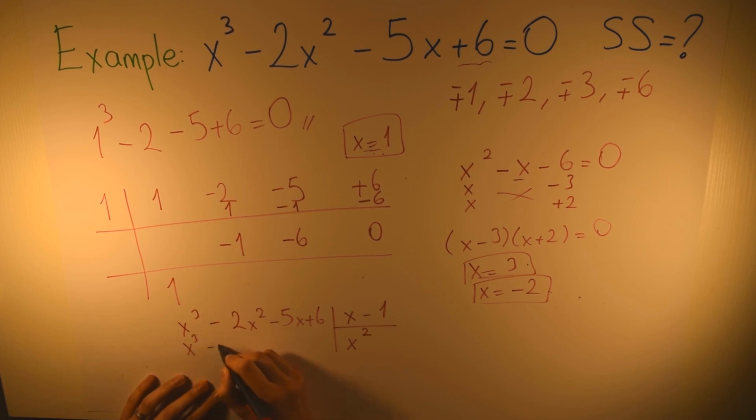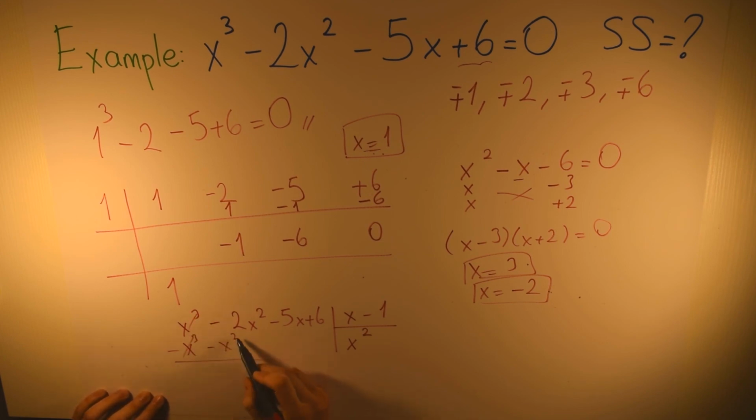so it is x cubed minus x squared, and then from here this will cancel out, and minus 2x squared plus x squared is equal to minus x squared. Then after that here we have x squared minus 5x plus 6.